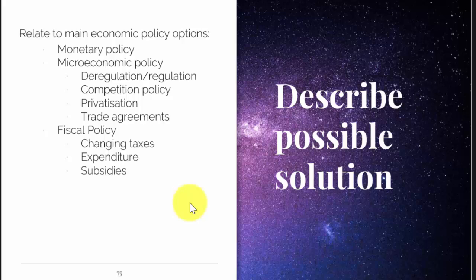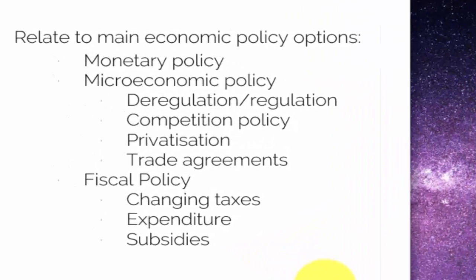So in terms of solutions, what possible solution could be suggested? We've got the three types of policy measures: monetary policy in terms of interest rates; microeconomic policy, which is relatively broad, so there might be some deregulation or regulation, and competition policy to make firms more competitive.